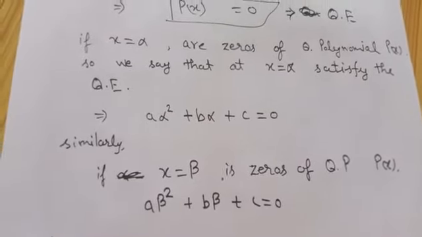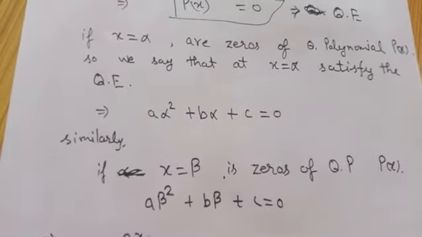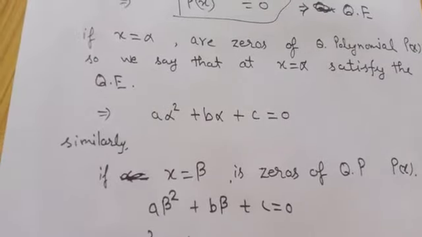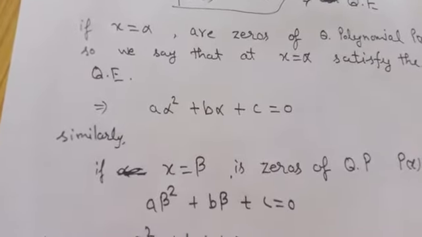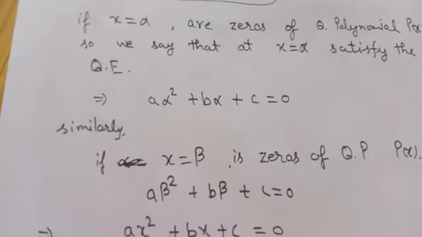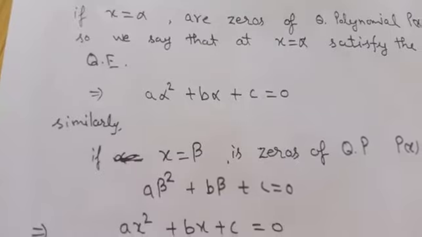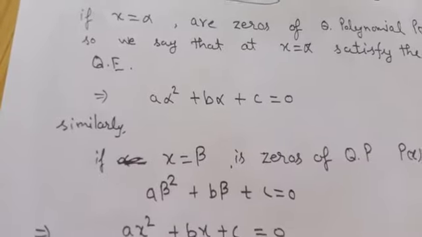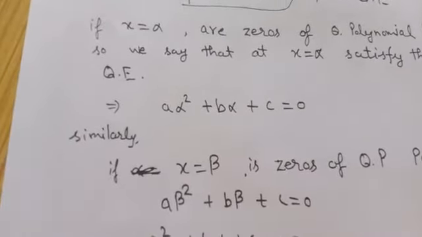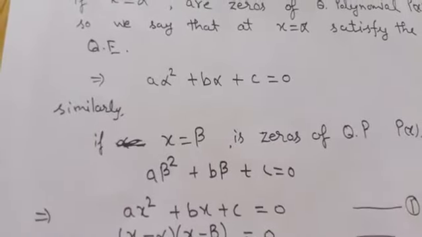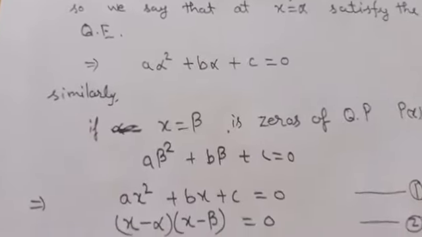So we can finally say that ax square plus bx plus c is equal to 0 in the form of linear factors is x minus alpha into x minus beta is equal to 0. We write this as equation number 1 and this as equation number 2.